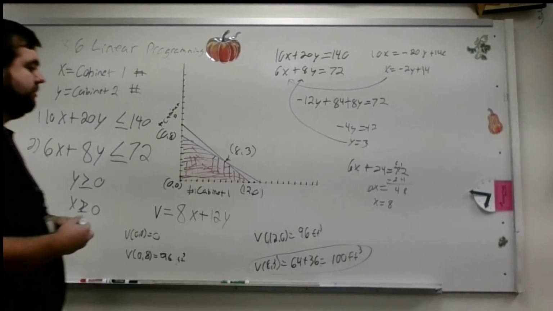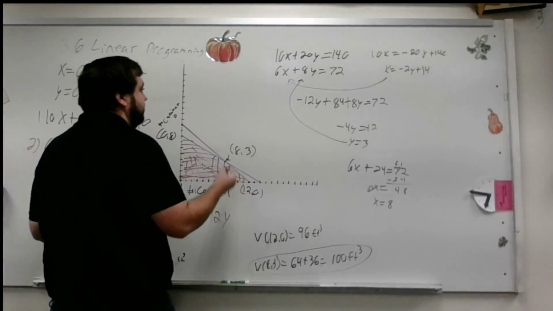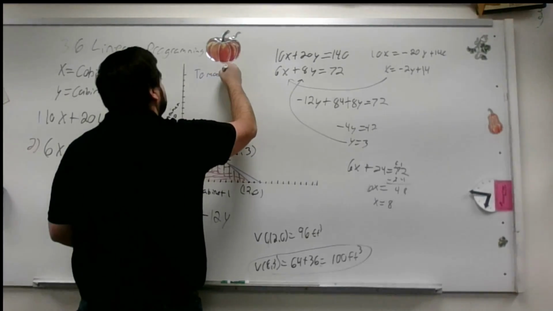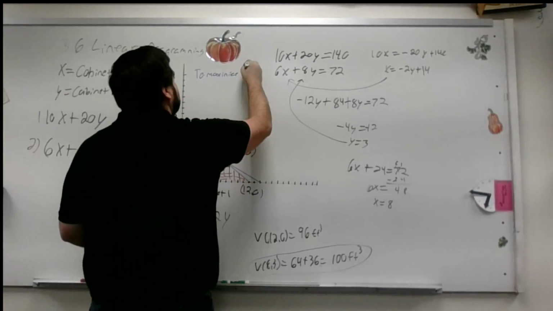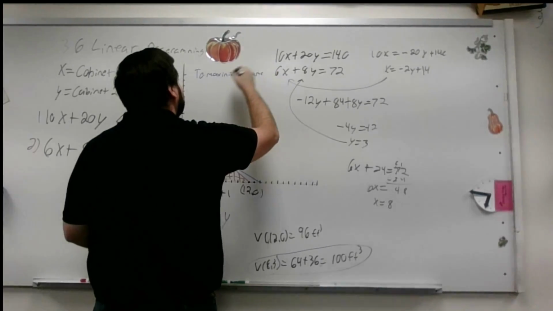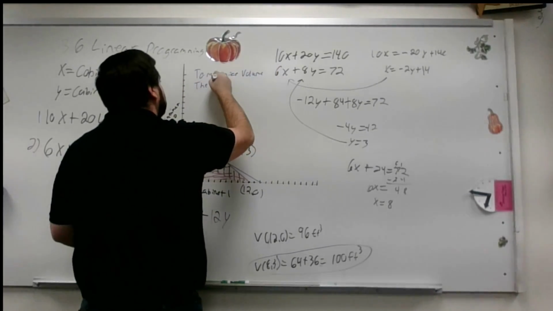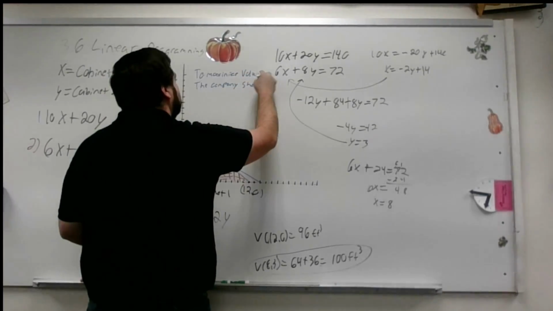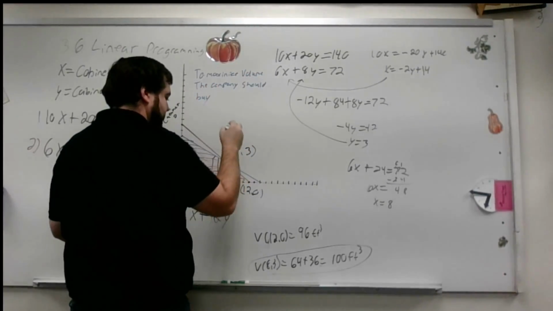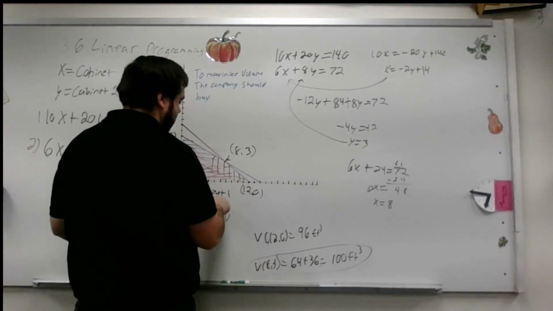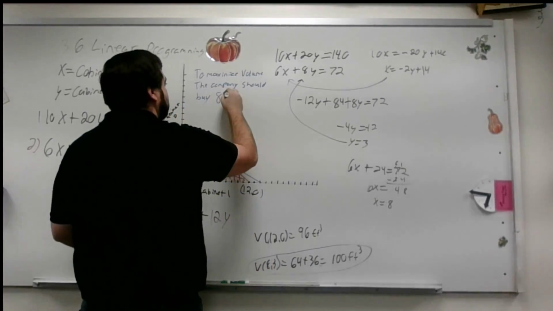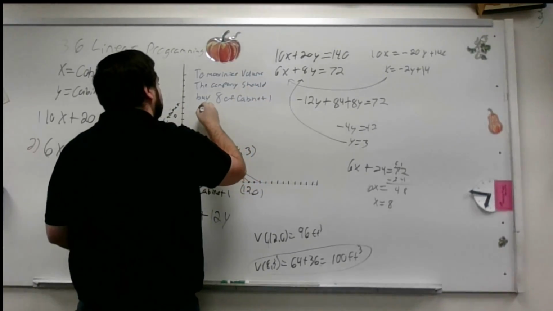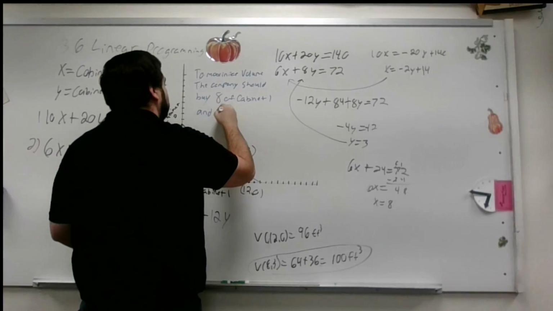Now it's a word problem, so our final answer is in sentences. So it's to maximize volume, the company should buy 8 of cabinet 1 and 3 of cabinet 2.